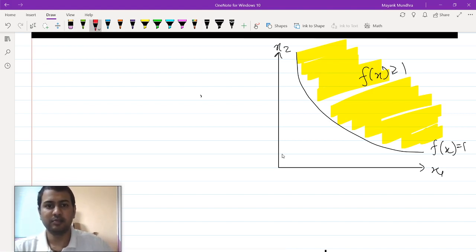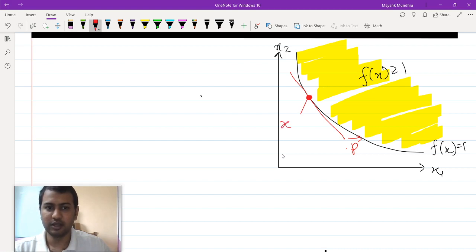Now given any price vector p, this is going to be the cheapest bundle. So if this is your p vector, or minus p vector, whatever, this is your p1 by p2 basically. If this line segment has slope p1 by p2, then I know that this point is going to be the cheapest point.